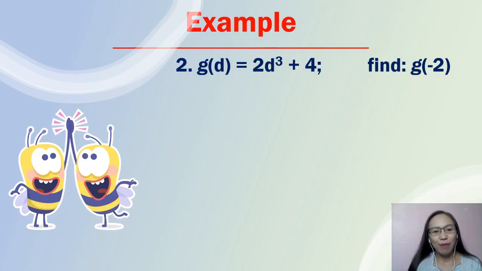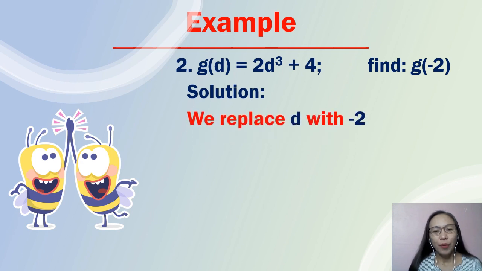Here's another example. g of d equals 2d cubed plus 4. And we're supposed to find g of negative 2. For our solution, we replace d with negative 2. We copy the given function. g of d is equal to 2d cubed plus 4.